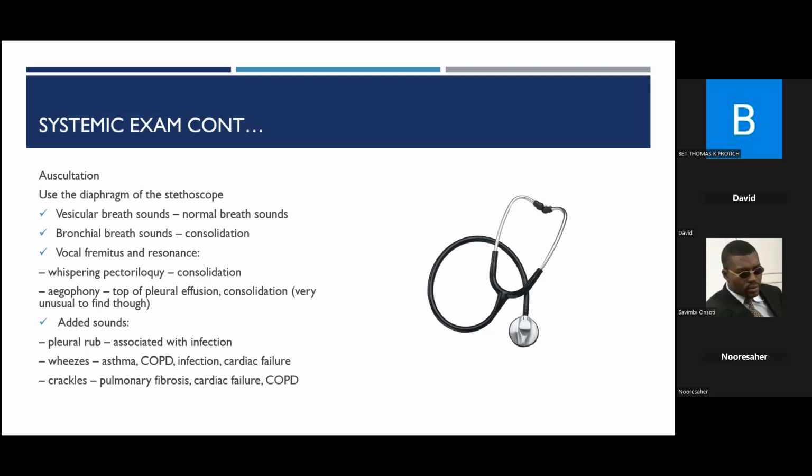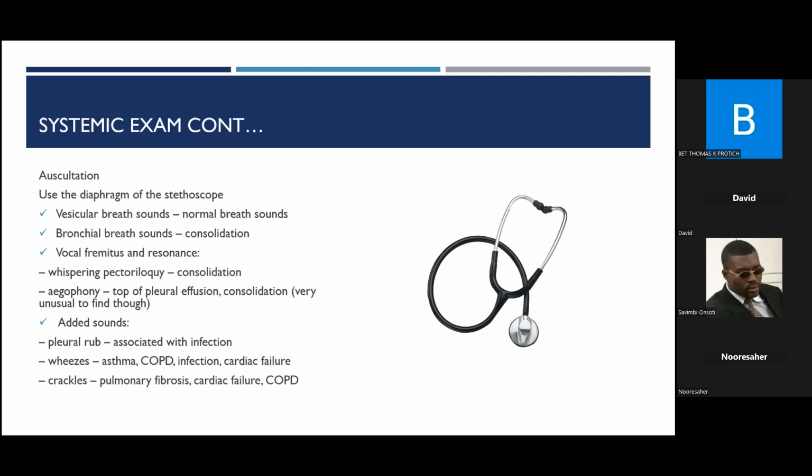When you ask the patient to breathe, you just hear a rub, like rubbing your fingers together. It's subtle. And you could also hear wheezes, associated with asthma, COPD, infection.